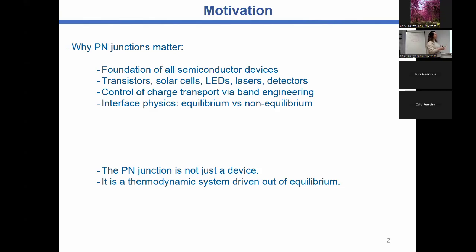it is the foundation of the new devices, and we can also control the charge transport using these p-n junctions. So we will see how we can manage the charge transport, how we can increase or decrease the transportation just with contacts.